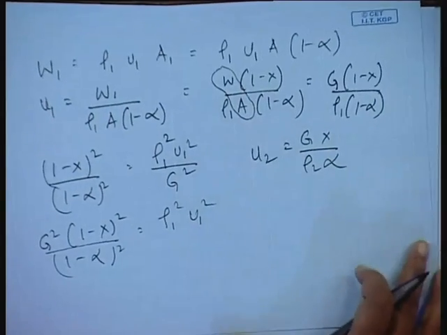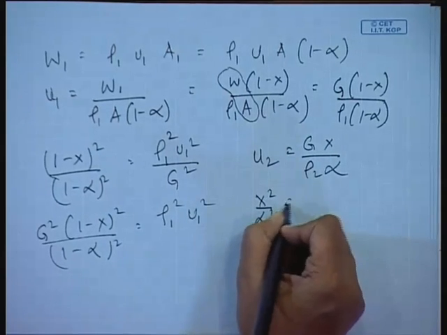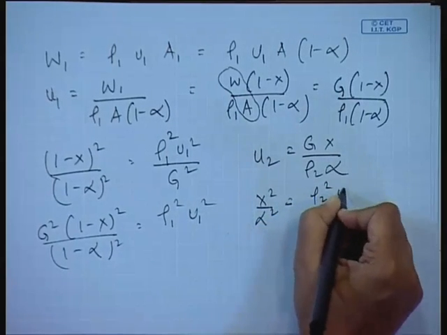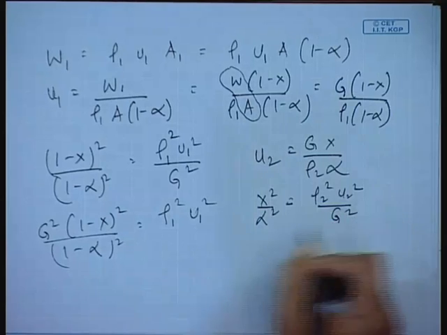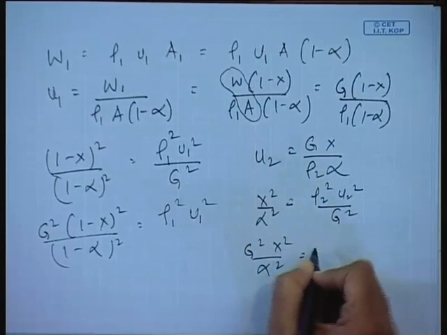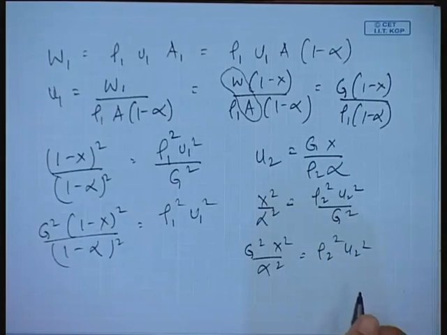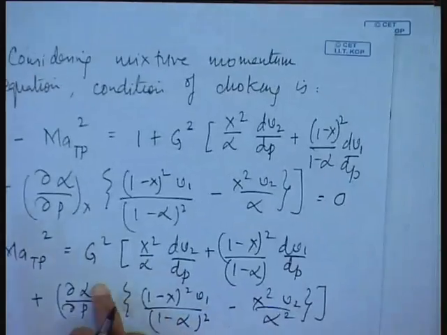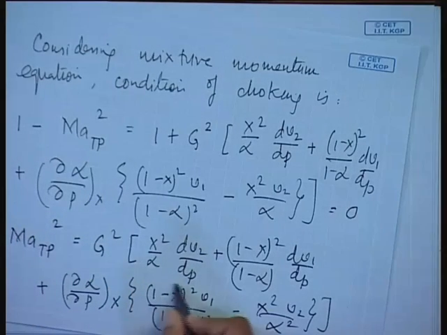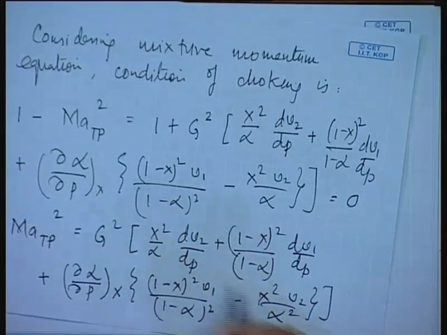In the same way we would like to get x squared by alpha squared, it is nothing but rho 2 squared u2 squared by G squared, and similarly G squared x squared by alpha squared equals rho 2 squared u2 squared. Okay. So, therefore, we can substitute these particular terms, correct.